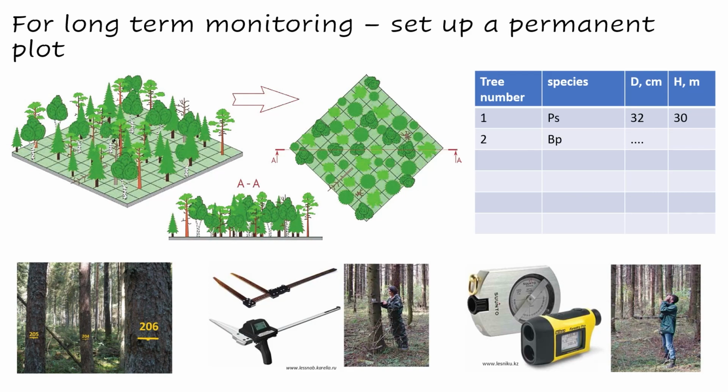And then you already have to number every tree, put this on the register, map the crowns, map the tree position, and make a lot of difficult procedures, which I did a lot in my life, working 10 years for the forest nature reserve. But this is only for the long-term permanent monitoring, and in peatlands you will not have many of such plots.